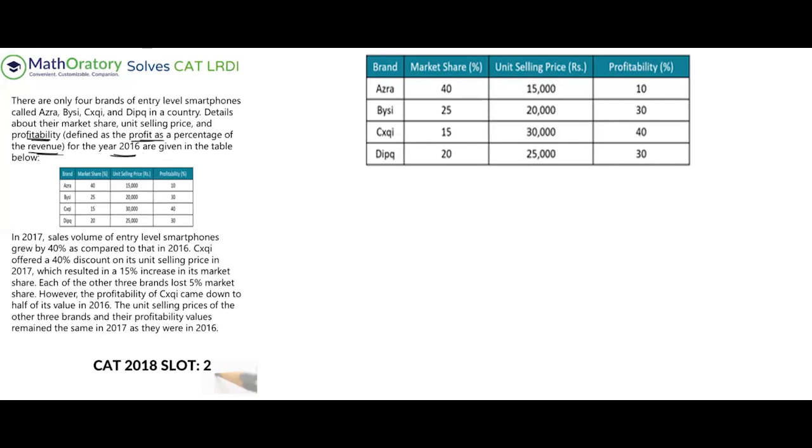But if I get the total volume of the market, however it is, I can calculate each of the mobiles' volume sold because that is what market share indicates, right? So if I have, let's say, 40 lakh units total selling in the market, out of that 40% will be of A, 25% will be of B, and so on.